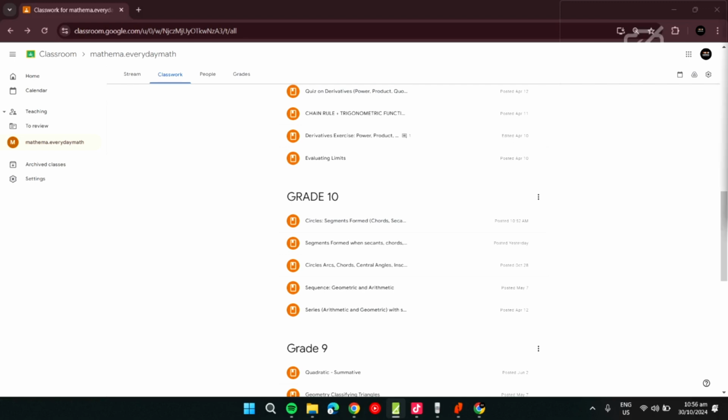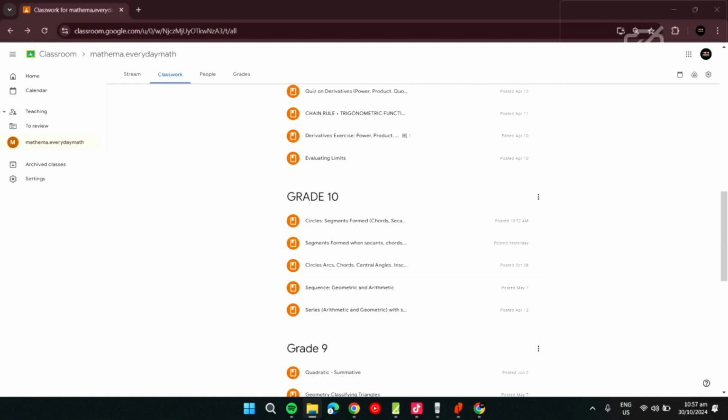Grade 10, second quarter. And then, let's see. Print to PDF. Circle arcs. Let me just open the file. Wait lang po ha. I'm creating a worksheet.